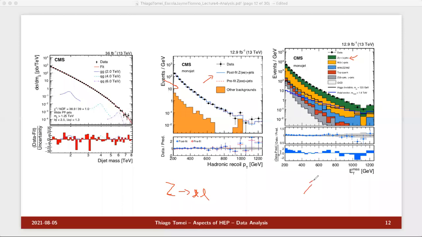So here on the right, you have the signal region, and you have all of these backgrounds: V in green, W in yellow, WW, ZZ and WZ in blue, top quark production, and so on and so forth. So you use many different regions to constrain all the different processes that appear in the selection you're interested in.